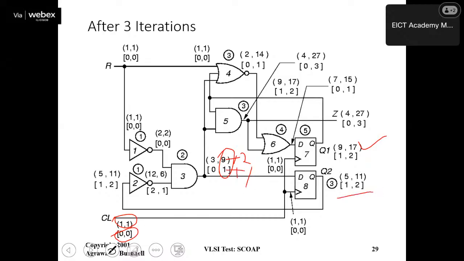So after these iterations, you can visualize that every branch has a definite number, right? The controllabilities for each and every branch have been computed. Once the controllabilities are computed, we can go for the observability.